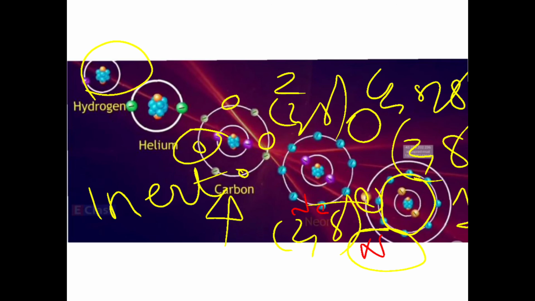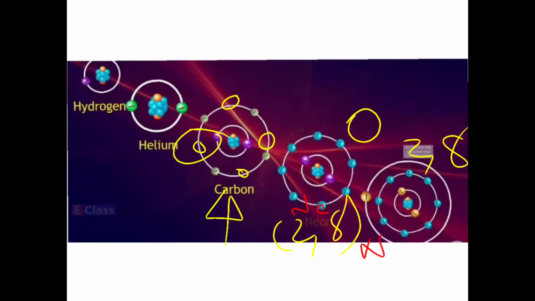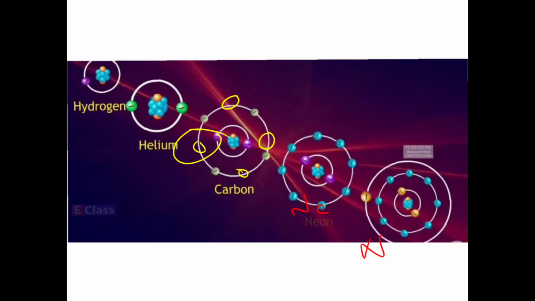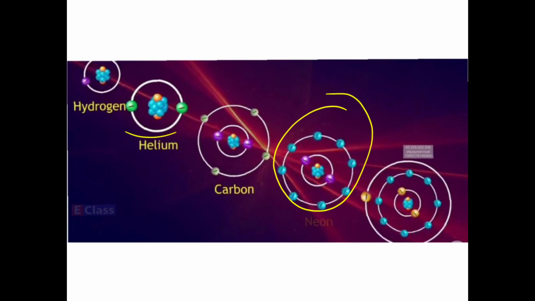So what is valency? We have seen that it is the combining capacity of an atom with another atom. So except inert gases, all others have combining capacity. So what is the valency of the inert elements? For example, you have neon and helium. Their valency is 0.